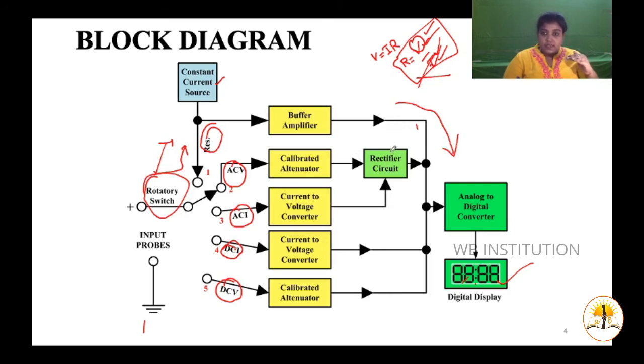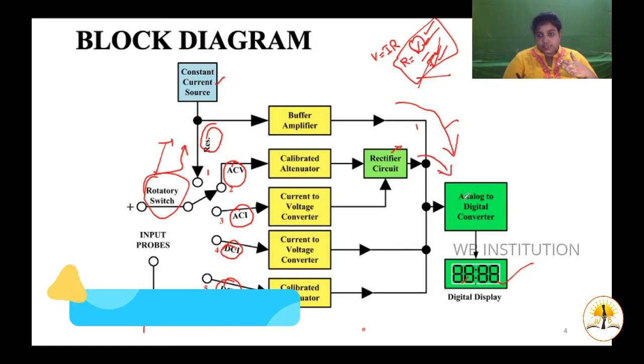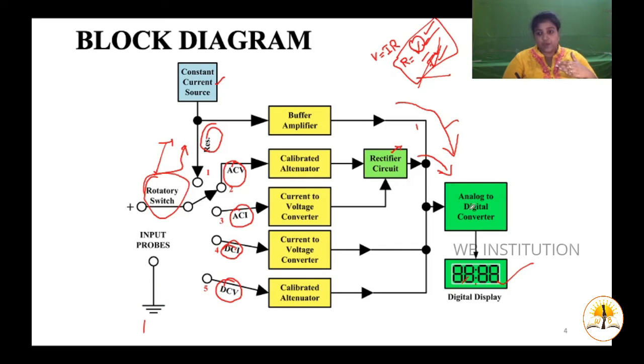So why is it sent to a rectifier circuit? Here the AC is converted into a DC supply. The rectifier is used to convert the AC into DC, and this is again fed into an analog to digital converter, so we can find the output on your digital display, that is your LCD.